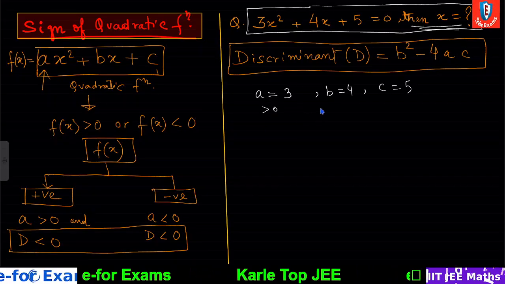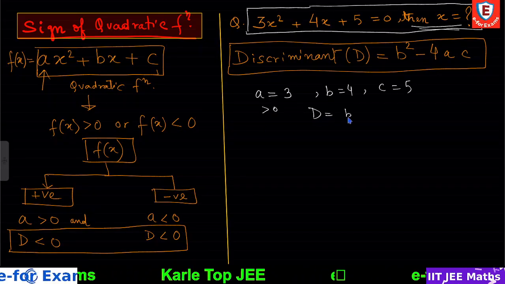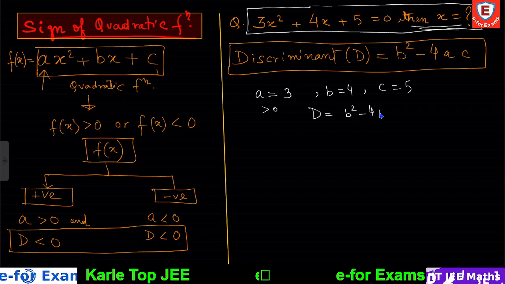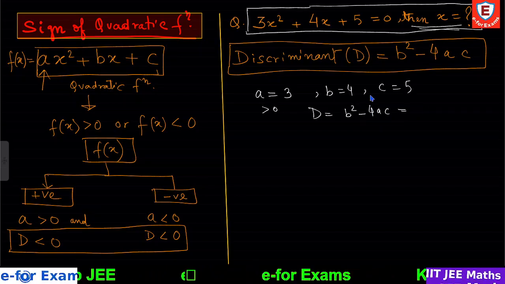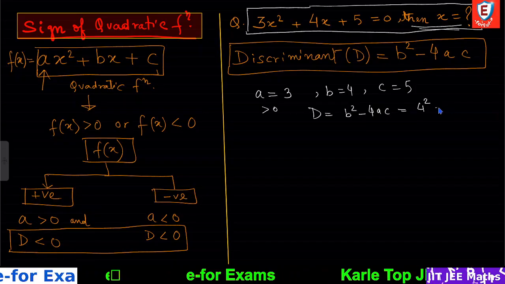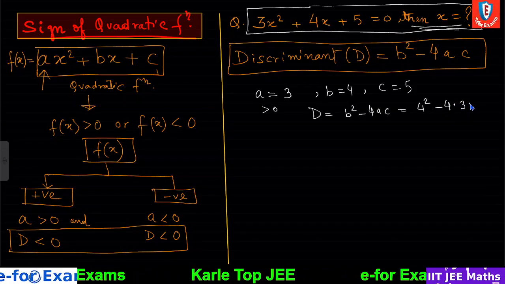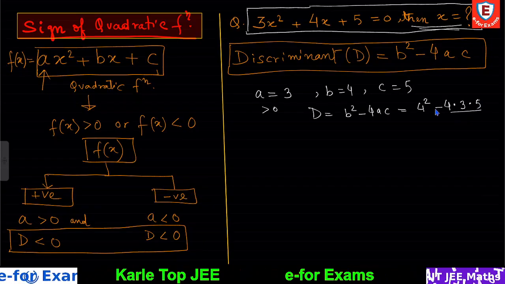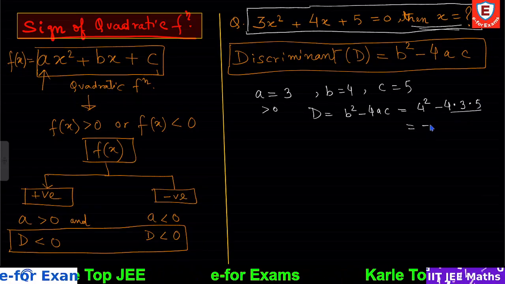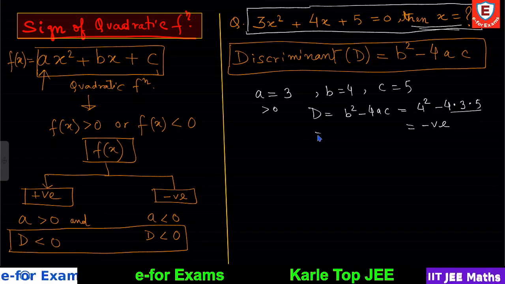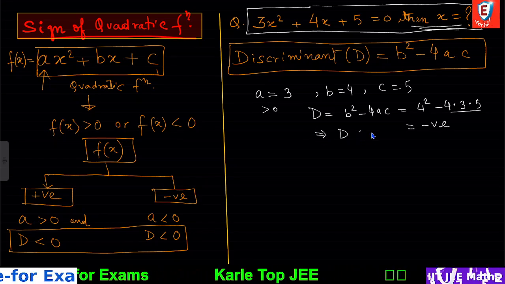And now find d. d equal to b square minus 4ac, that is 4 square minus 4 into 3 into 5. This will be less than 0. So d is negative here. This implies d is less than 0.